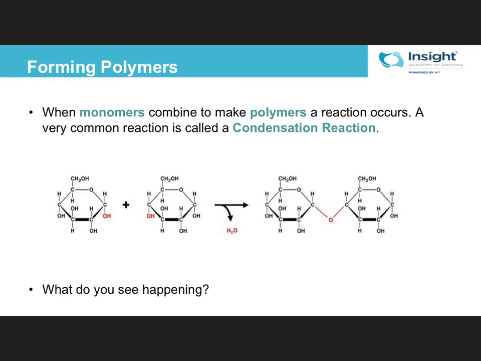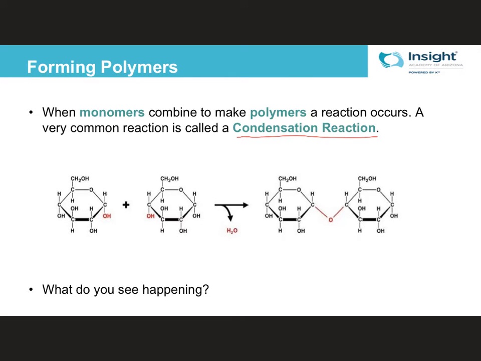So when monomers combine to make polymers, there's a couple different ways they can do this. One very common reaction that you want to be familiar with is what we call a condensation reaction. Here are two, I believe these are glucose molecules, combining to make a polymer of two glucose molecules.